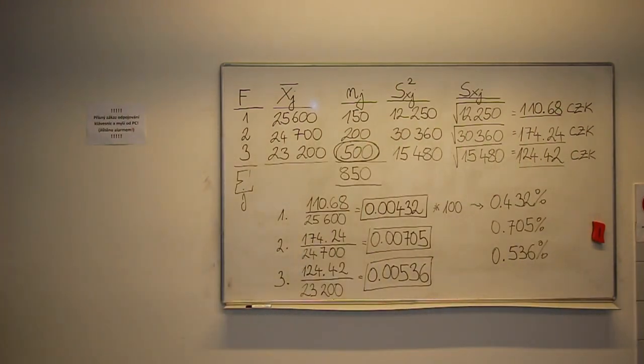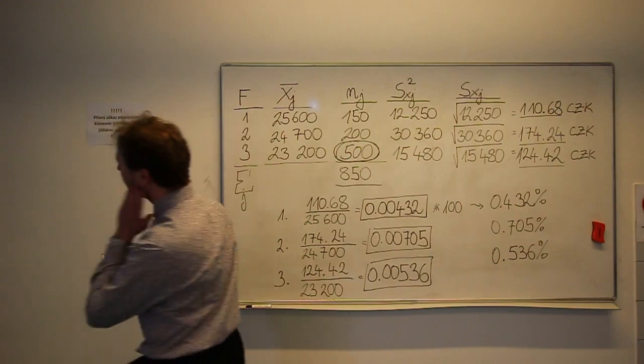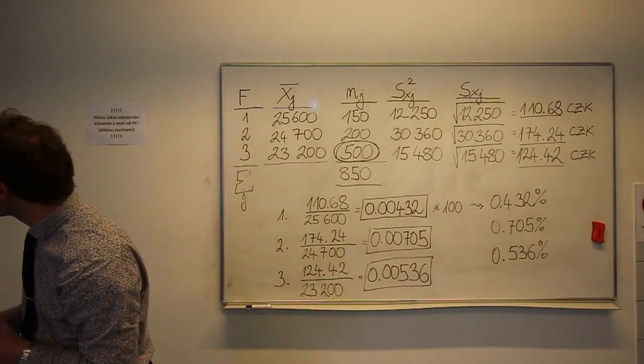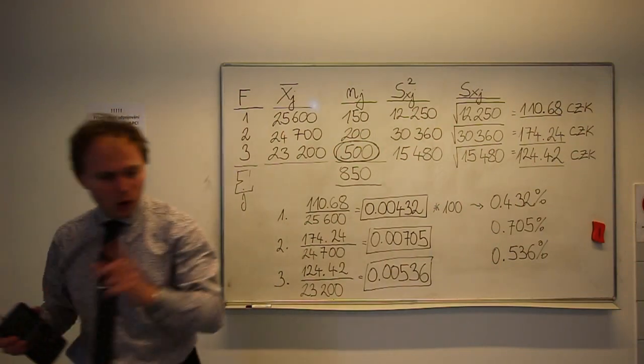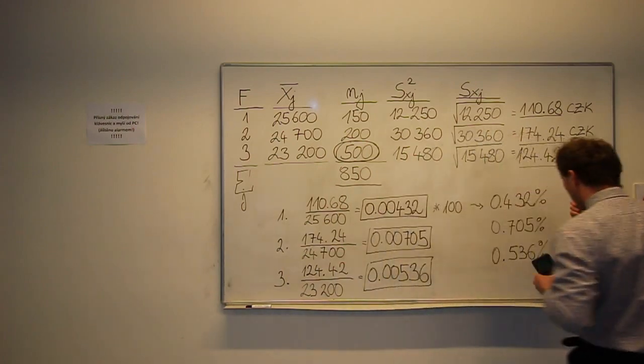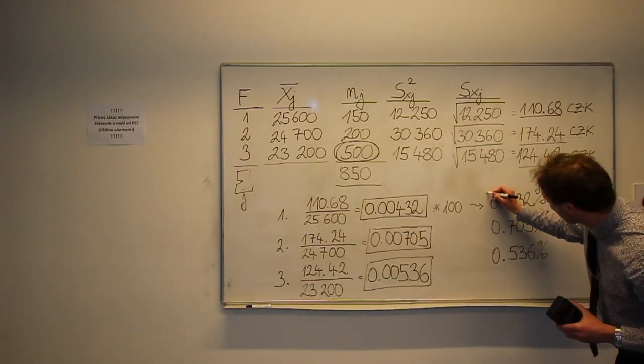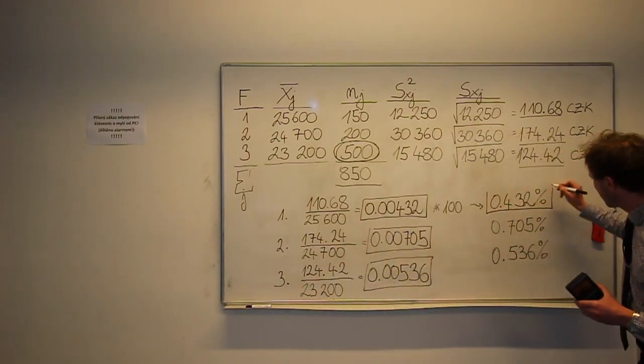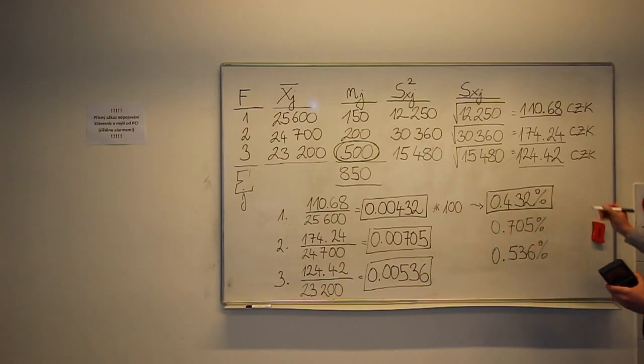I forgot the question. What was written on the screen? Where is the relative variability of age the lowest? The relative variability is the lowest in the case of the first firm.